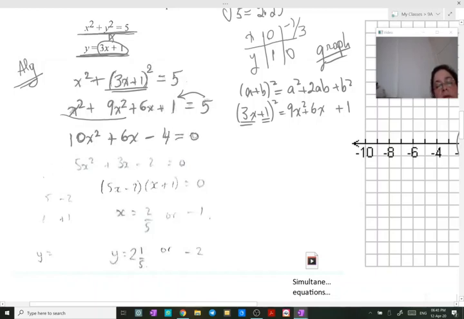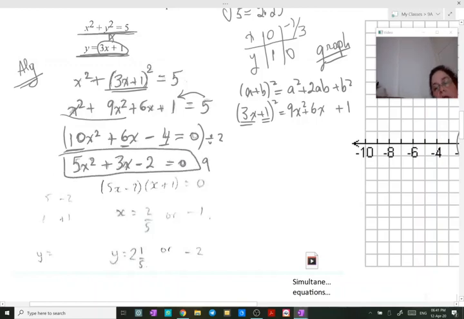Now here we can see that we have a common divisor, which is 2, so you divide everything by 2. So we get 5x squared plus 3x minus 2 equals 0, and this is the form of a quadratic equation.